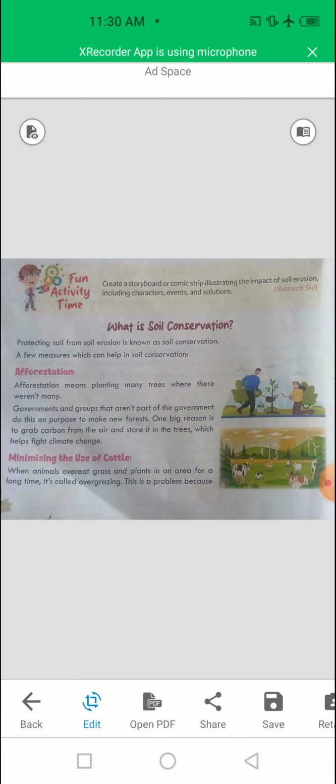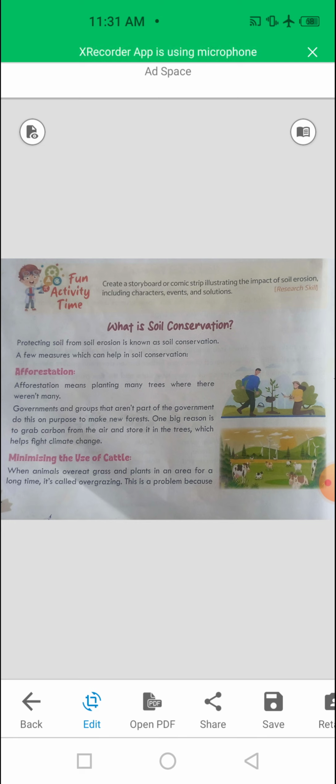Afforestation means planting many trees where there were not many. Governments and groups that are not part of the government do this on purpose to make new forest. One big reason is to grab carbon from the air and store it in the trees, which helps to fight climate change.